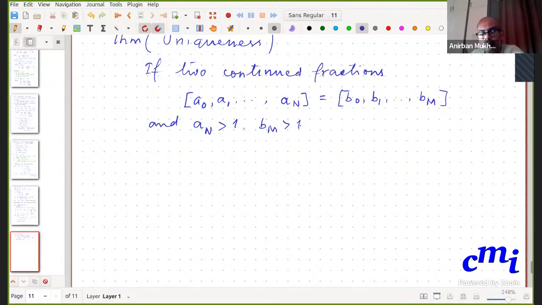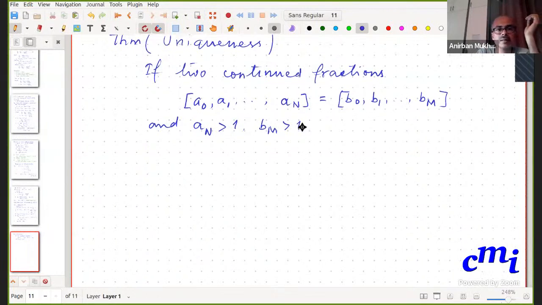So if you assume that the last entry is larger than 1, so it's greater than or equal to 2, in that case we can show uniqueness.